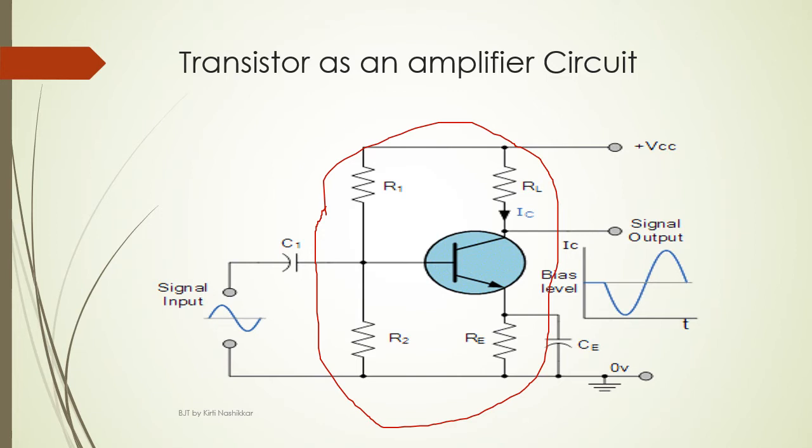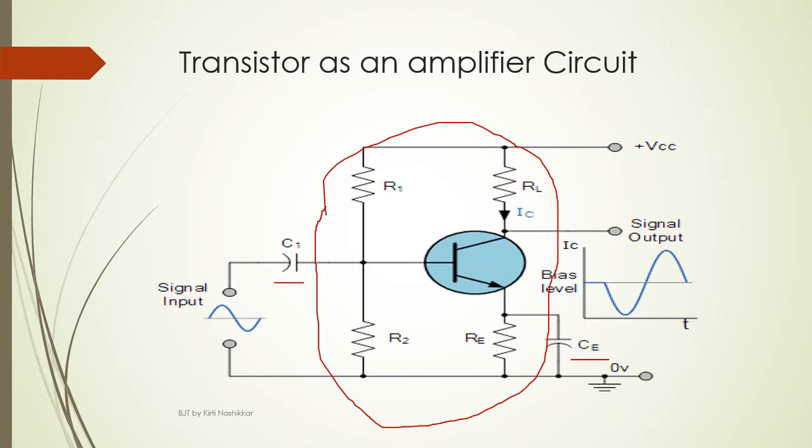First capacitor is the input capacitor. As you can see here, this is the electrolytic capacitor, and one more capacitor is connected with the emitter resistor, that is the emitter capacitor. Okay, and input signal is given from the base terminal, output signal is taken from the collector terminal, as you can see in the diagram.